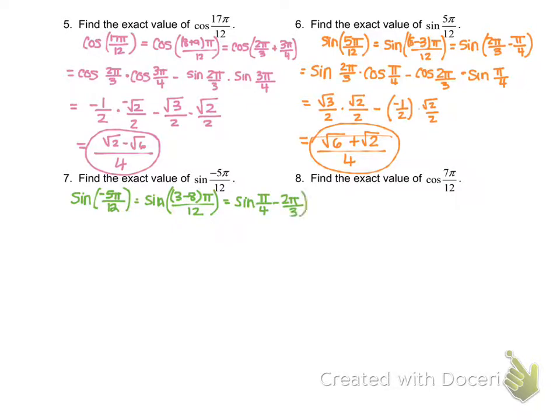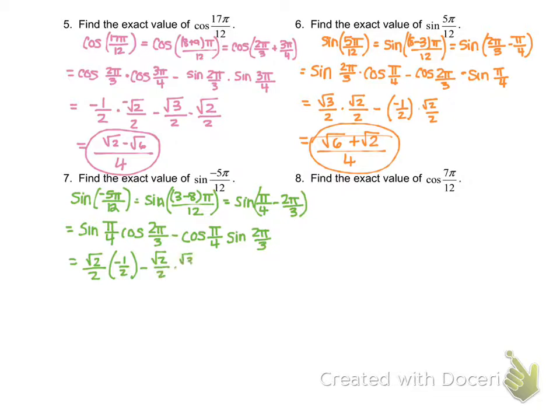So very similar. So we're going to have sine of pi over 4 cosine of 2 pi over 3, minus cosine of pi over 4 times sine of 2 pi over 3.